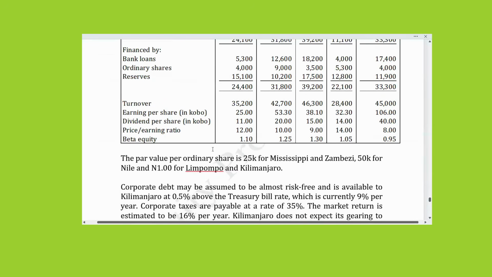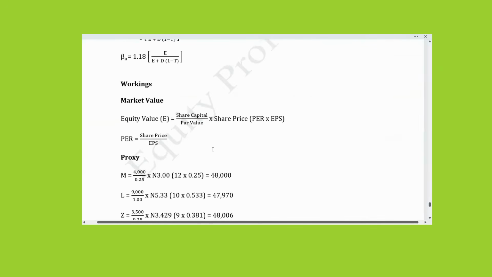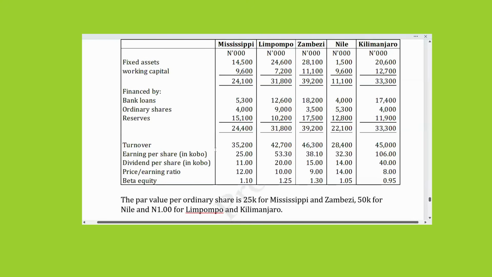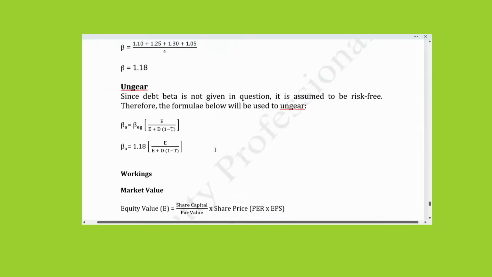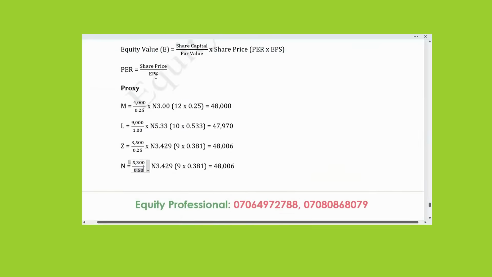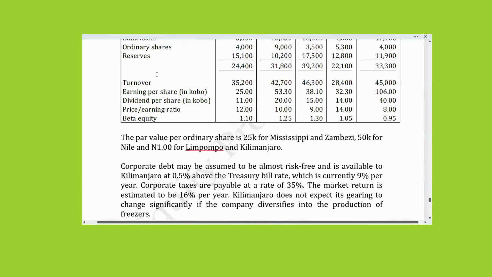The par value of 9 is 50 kobo, 0.5. 5,300 divided by 0.5. Then price earning ratio of 9 is 14.